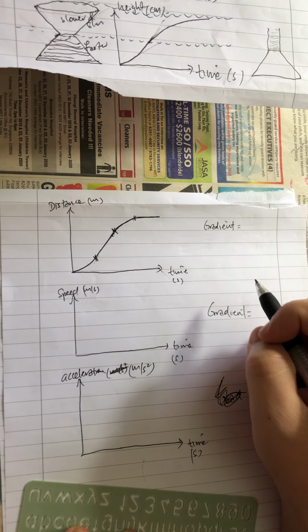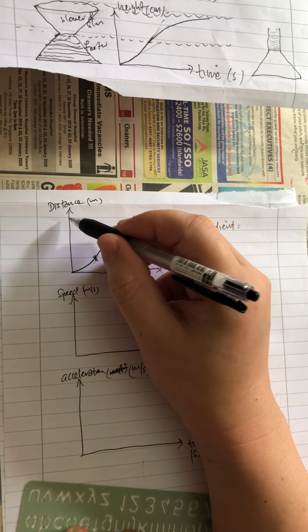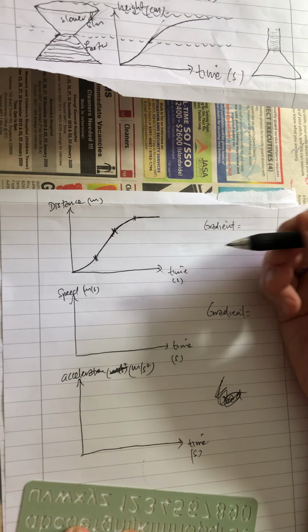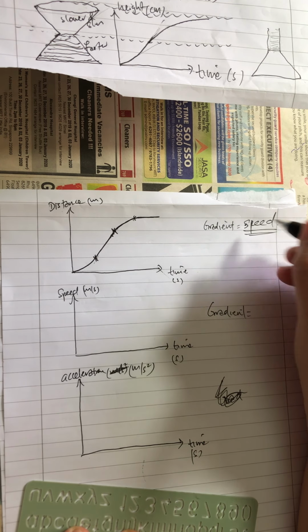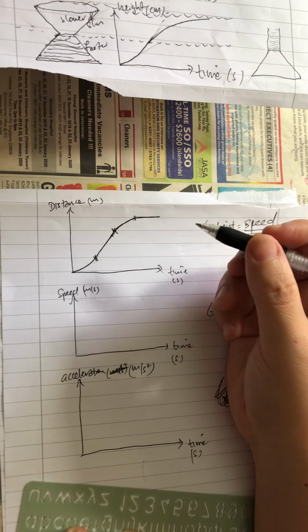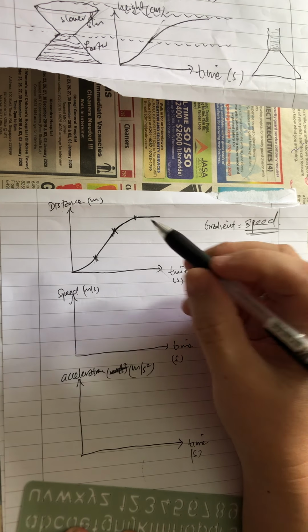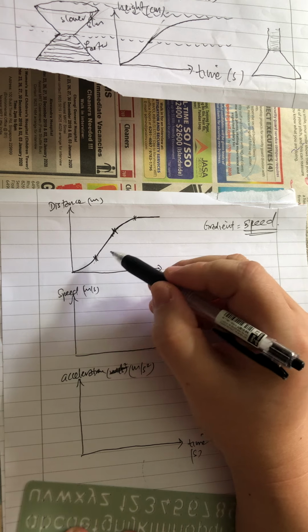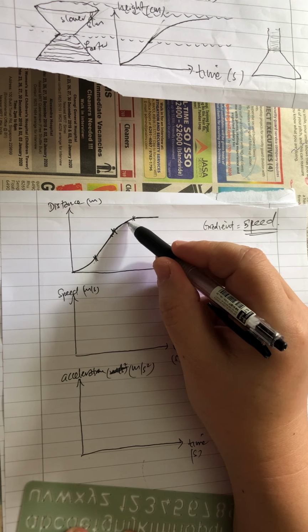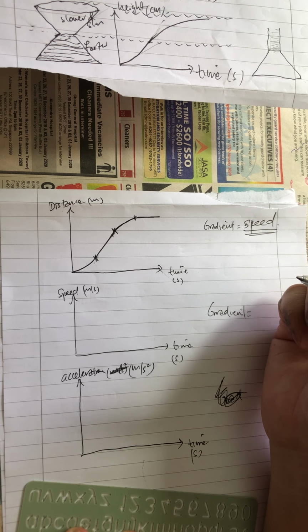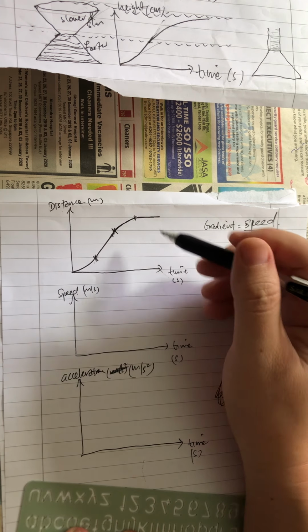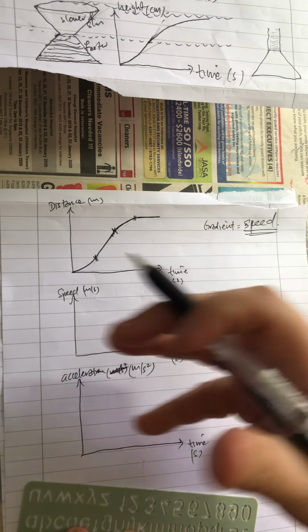First of all, the gradient of a distance time graph we mentioned just now is speed. Now, if I want you to convert this graph into a speed time graph, would you be able to do so? Don't worry about the values, we just know the shape.